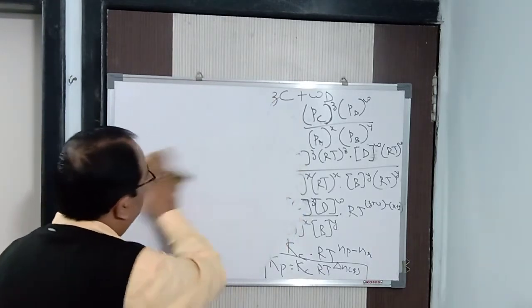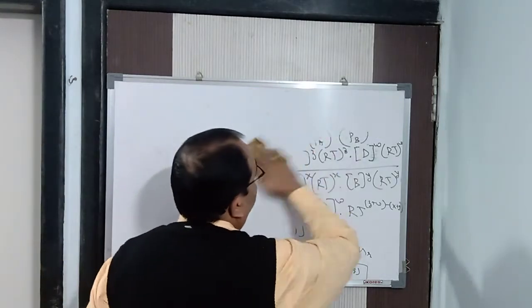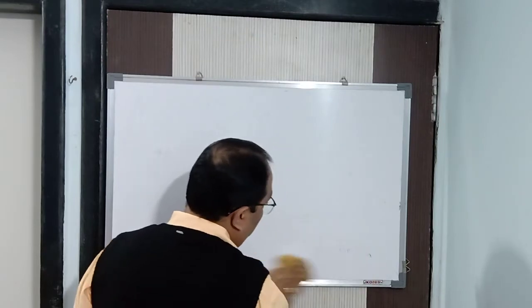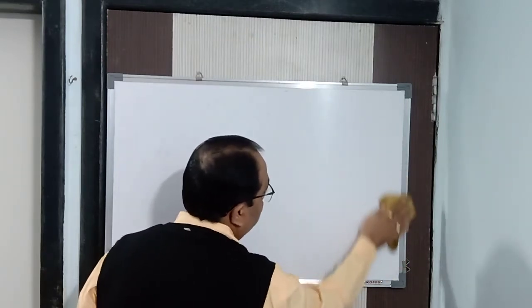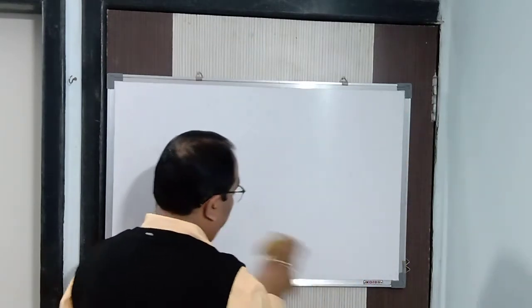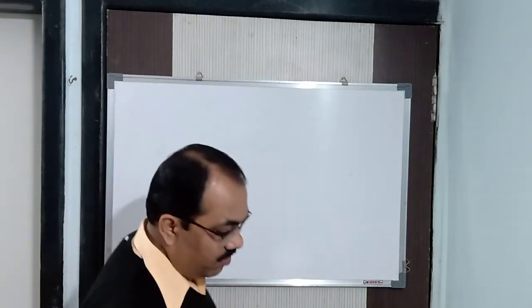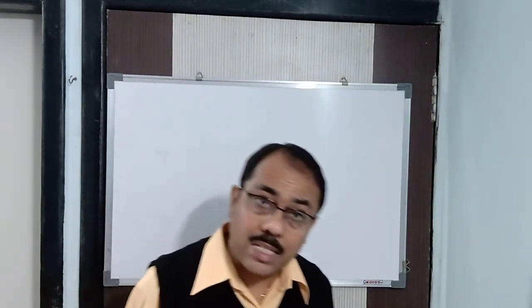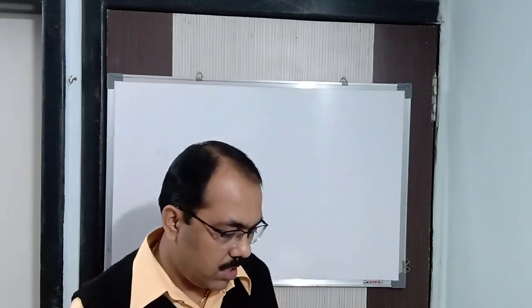Now, the value of the equilibrium constant depends upon certain factors. Like equilibrium depends upon certain characteristics, certain factors, similarly equilibrium constant also depends upon certain factors. There are also certain characteristics of equilibrium constant, mind it, equilibrium constant. So what is that?